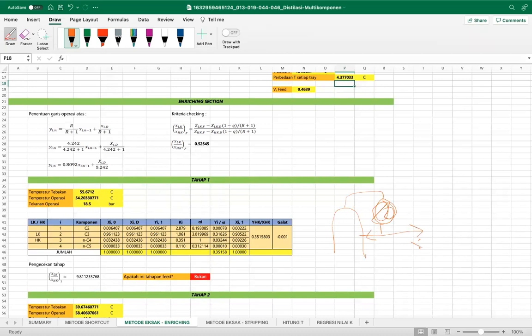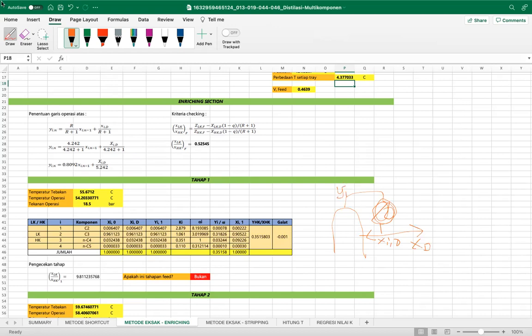Okay, you know the XD, and this XD will also act as the X I 0. Because it is a full condenser, the composition would be the same as Y1.